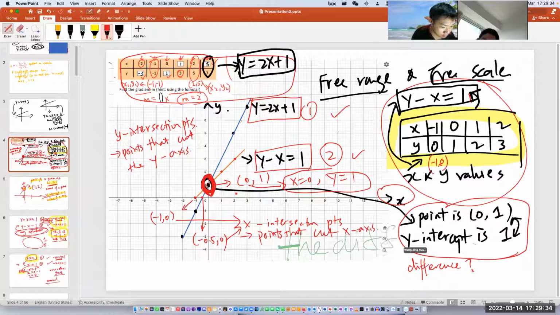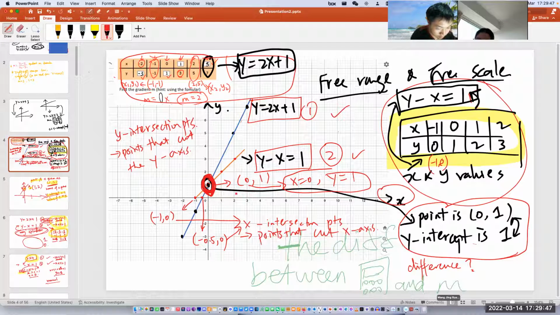The difference between calculator and manual and graph.